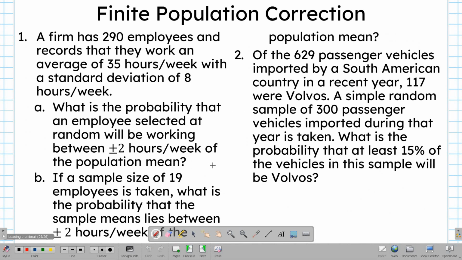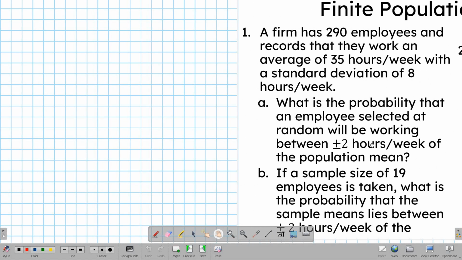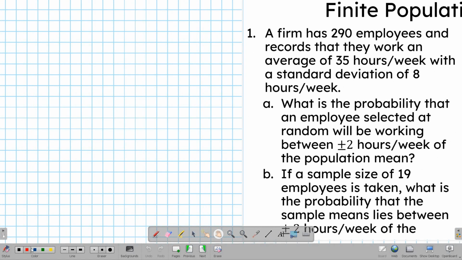So let's try to do it here in number 1. In number 1, a firm has 290 employees and records that they work an average of 35 hours a week with a standard deviation of 8 hours a week.